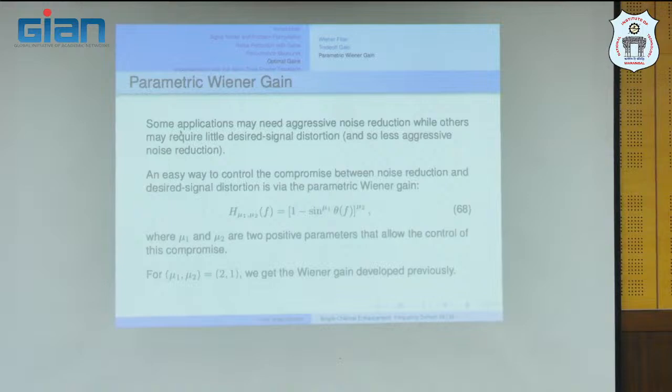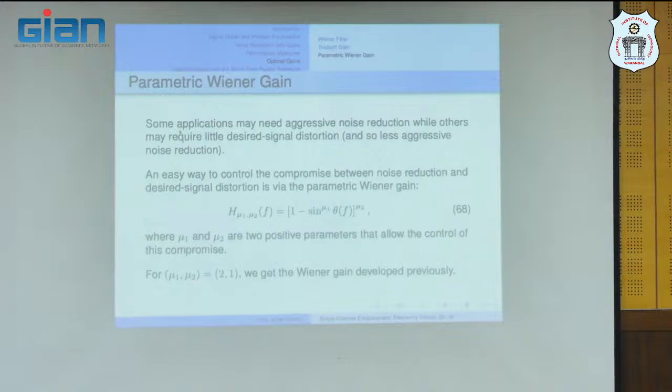The Wiener gain. Because the Wiener gain we wrote as cosine squared theta, which equals 1 minus sine squared theta. So specific parameters of mu1 and mu2, like 2 and 1, will give us the Wiener gain.